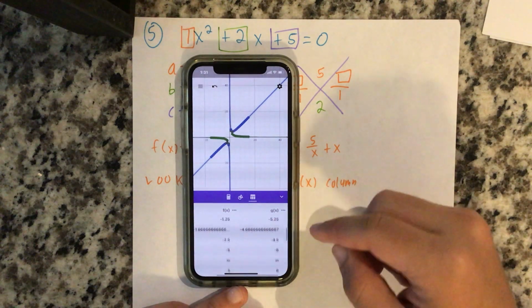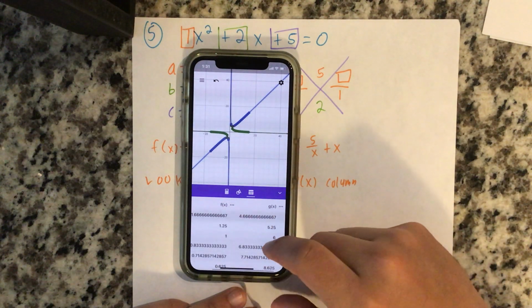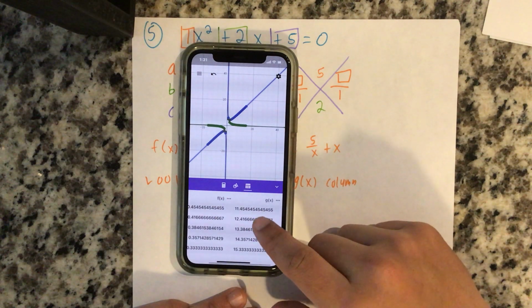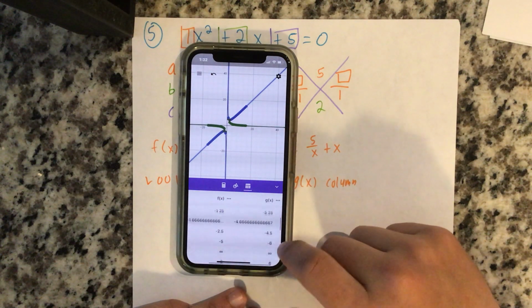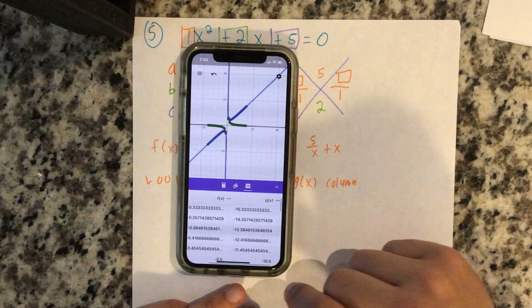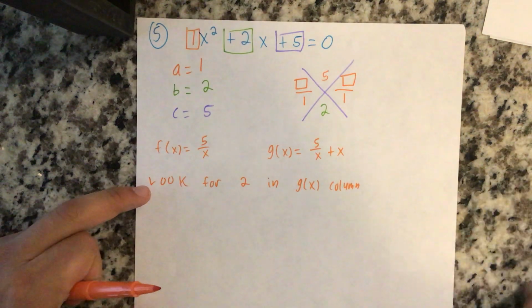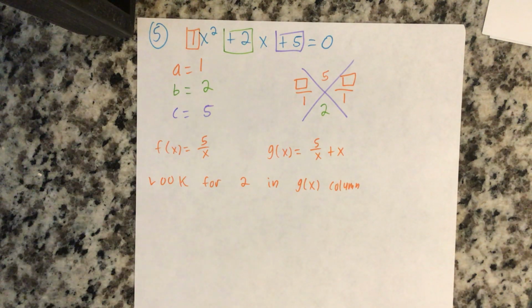Let's scroll down. I don't see 2. And I go up. I don't see 2. I don't see it. Okay, so that's on purpose. I didn't mess up. If you do not see it, this is what I want you to do.